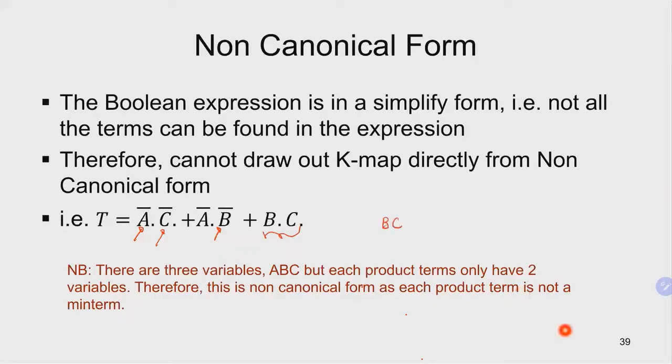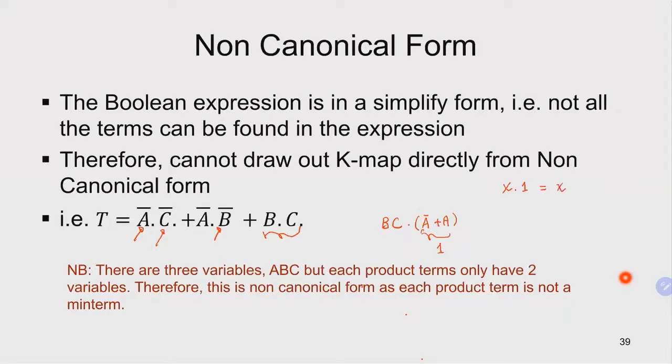We know that in our Boolean laws, A bar OR with A is equal to 1. So if I take BC AND with 1, it will be the same as itself, using the other law that X AND with 1 is equal to X.